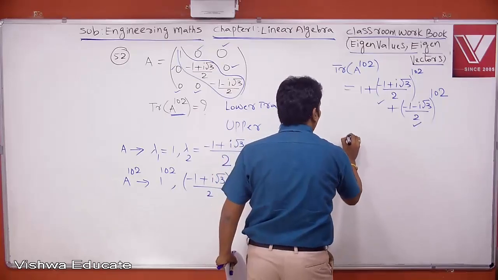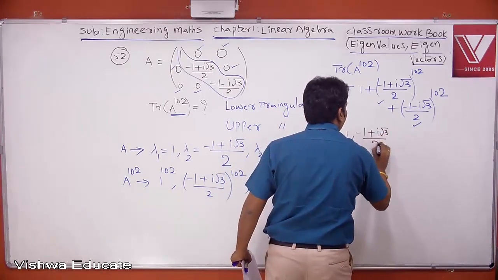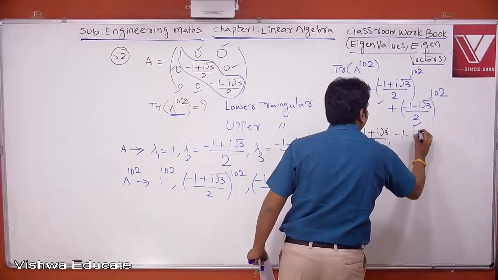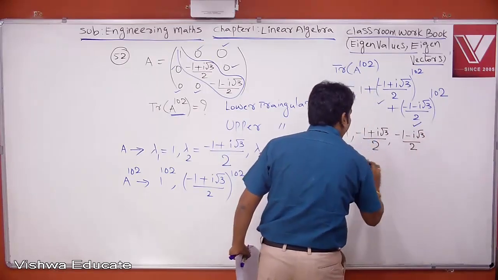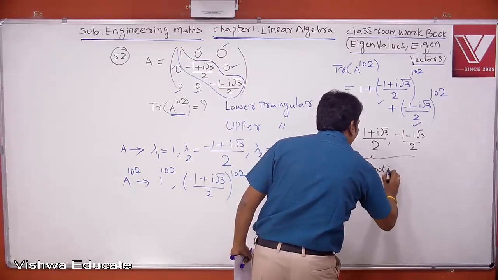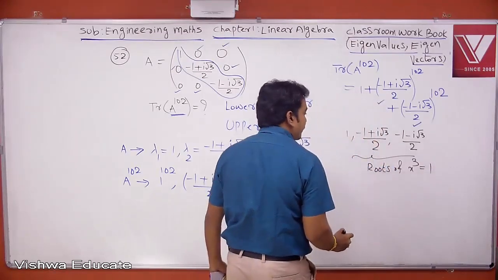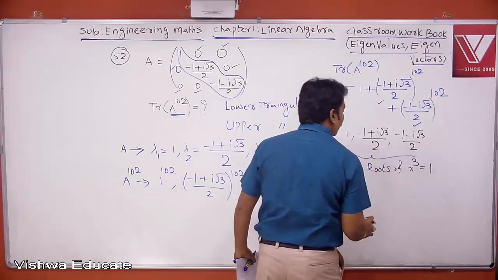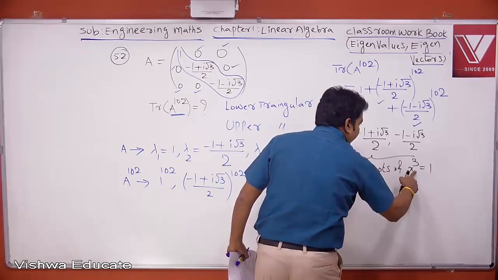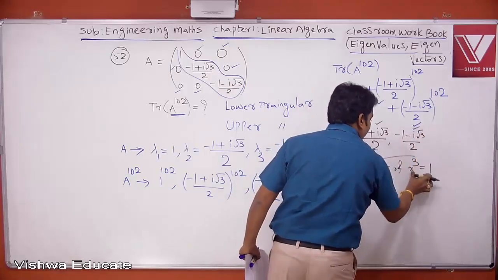These three numbers, 1, minus 1 plus i root 3 by 2, and minus 1 minus i root 3 by 2, are roots of the equation x cube equal to 1. This is a third degree equation, and when you solve it, you will get three roots. These are nothing but these three roots.